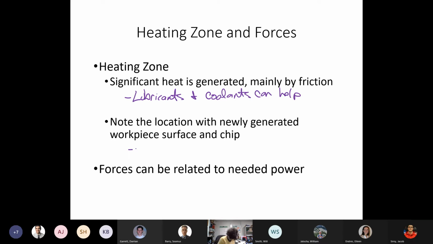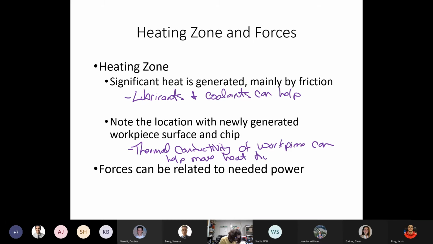If we have a material with a high thermal conductivity, that can help move thermal energy away from the tip of the tool and workpiece. So the thermal conductivity of the workpiece can help move the heat away. That's kind of interesting, you might say.